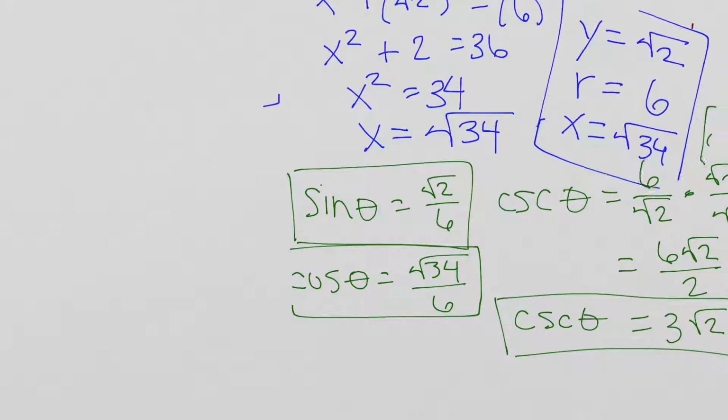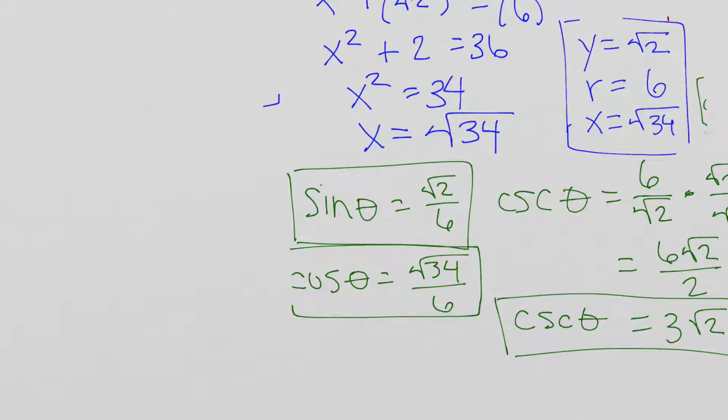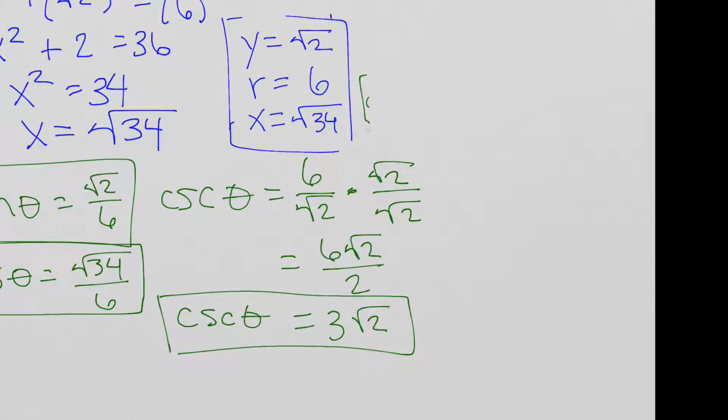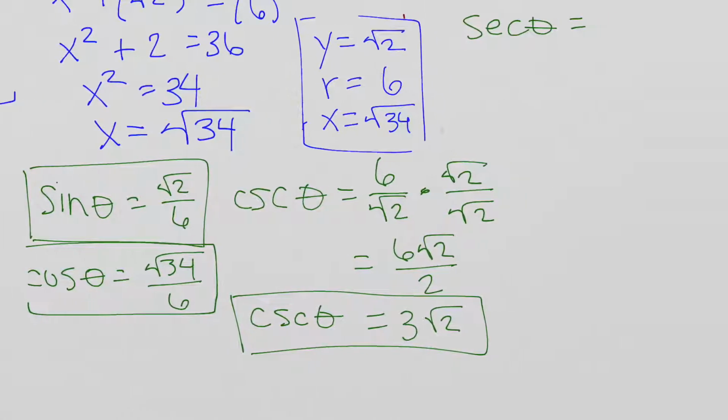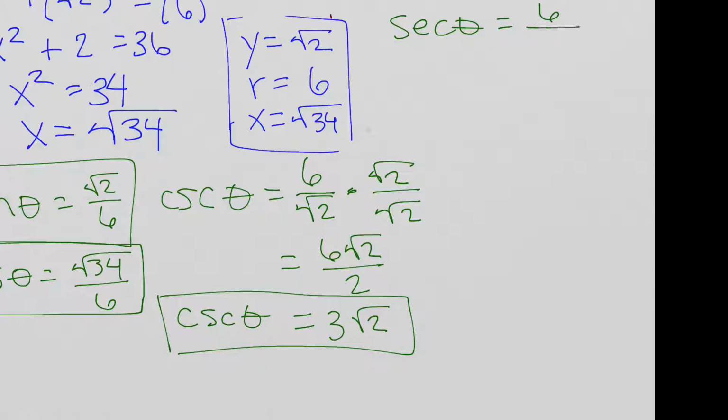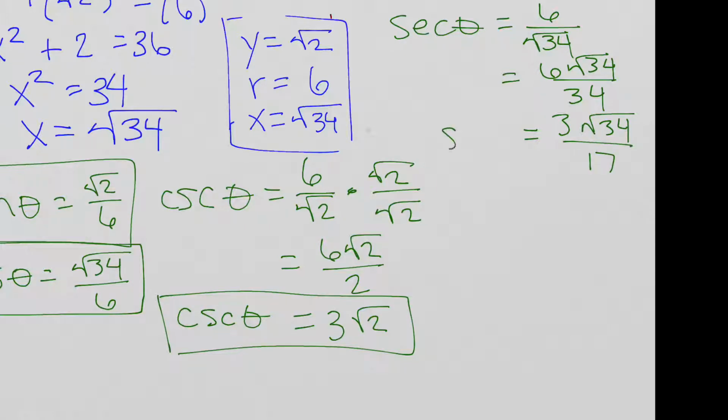Secant of theta is going to be the reciprocal of what we found for cosine, so 6 over the square root of 34. This gives us 6 square root 34 over 34, which simplifies to 3 square root 34 over 17. So that's secant theta.